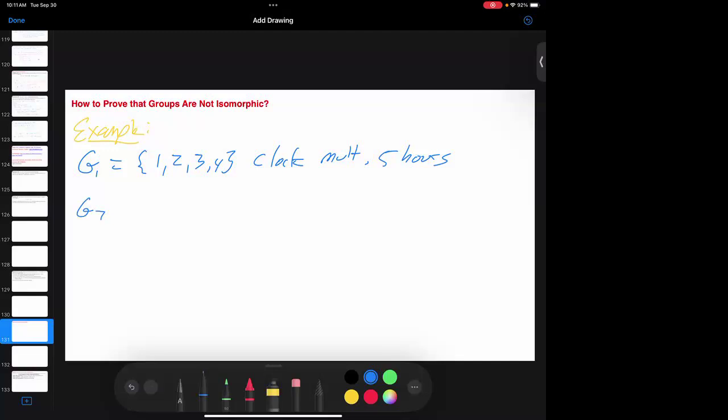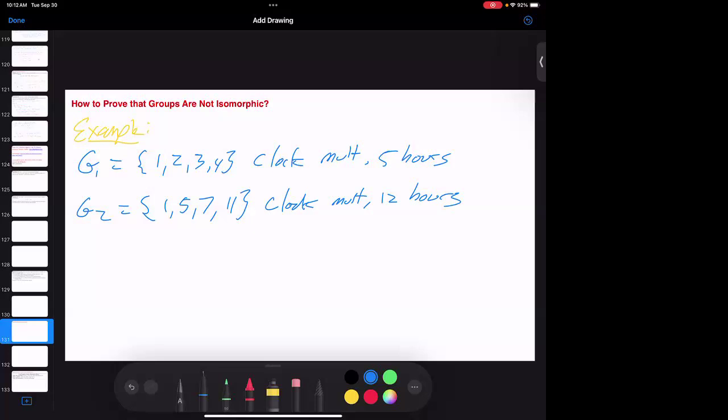And group 2 will be 1, 5, 7, 11 with clock multiplication on a 12-hour clock. Is it possible that they're isomorphic? Is there at least a chance? Okay, good. Why is there at least a chance? They have the same number of elements. Is that enough to conclude? Maybe. You don't know enough to say no, right?